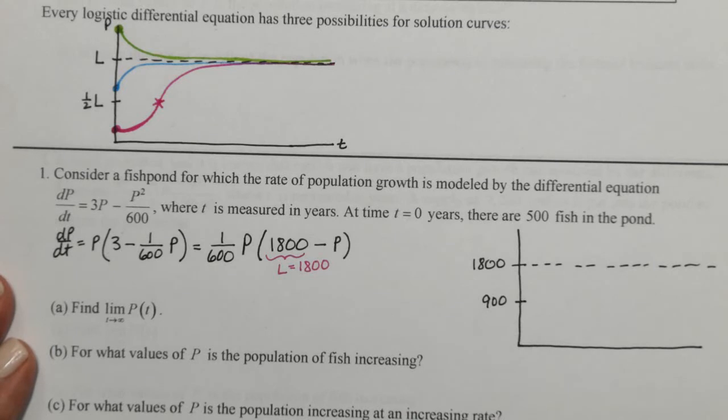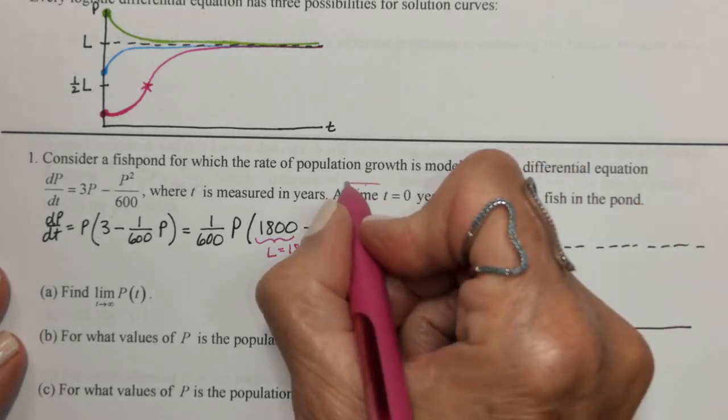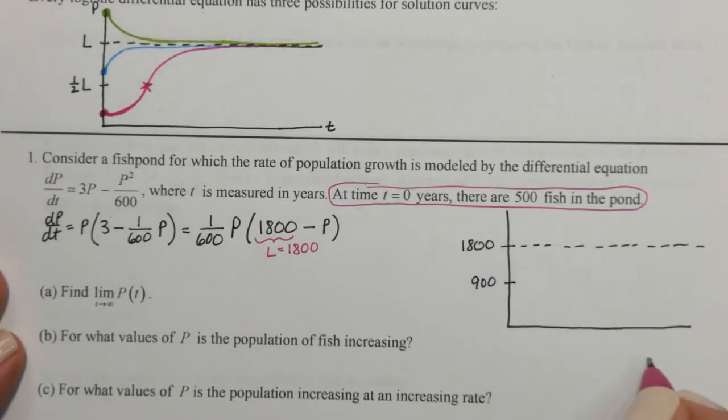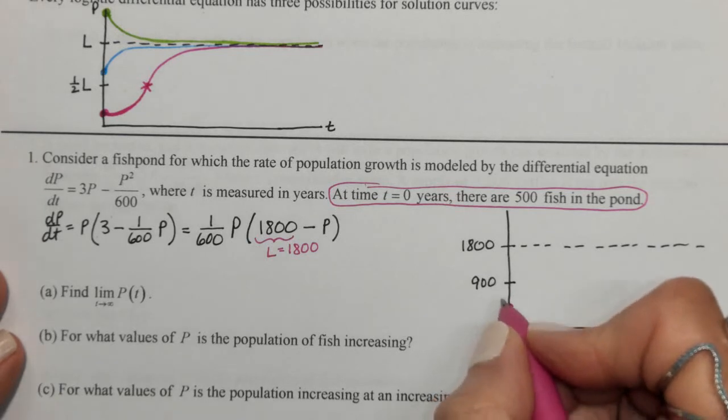Okay? Now, to graph a solution curve, we need to know the initial population. The initial population here at time 0, there are 500 fish in this pond. So I'm going to come down and graph it. Well, 500 falls below 900.